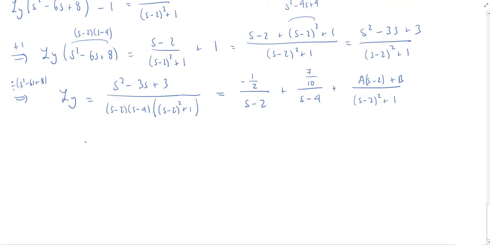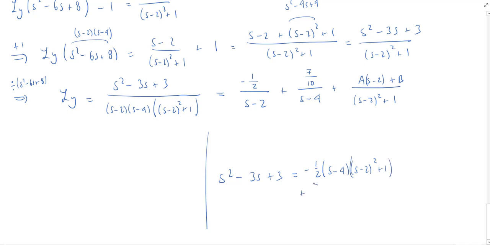Okay, so if I multiply through by the denominator, I get s squared minus 3s plus 3. And let me move this down a little bit, this is really some scratch work. We'll do this over on the side. And what is this going to equal? So you have negative 1/2 times s minus 4, and then s minus 2 squared plus 1.